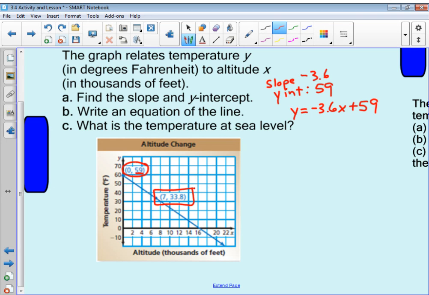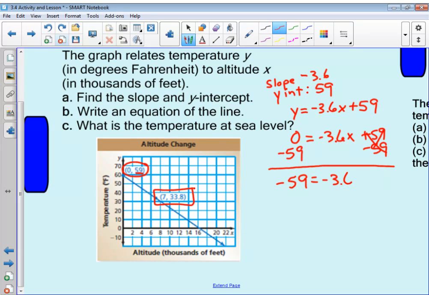So if we plug in for X 0, not for X, sorry, for Y 0 equals negative 3.6x plus 59. So then we would say minus 59, minus 59. So now we have negative 59 equals negative 3.6x.